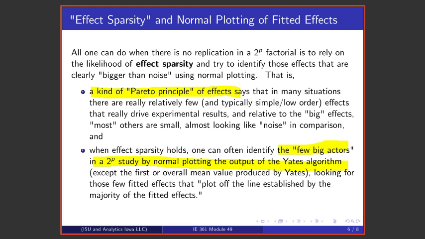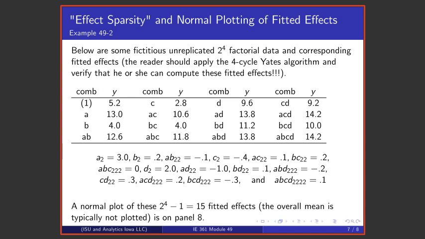The idea is that if most of the effects are smallish, look like noise, then the ones that stand out by plotting off the line established by the majority, those are the big effects.